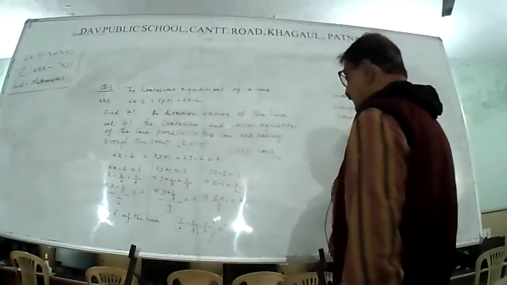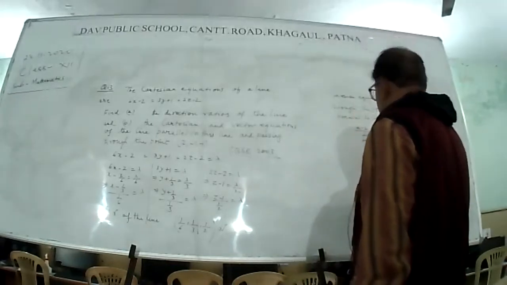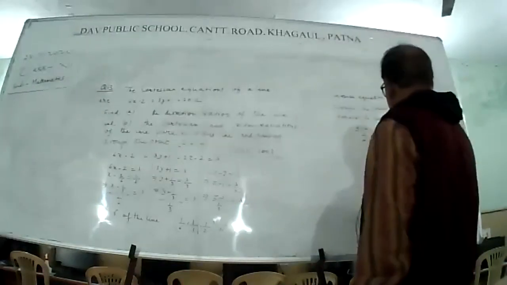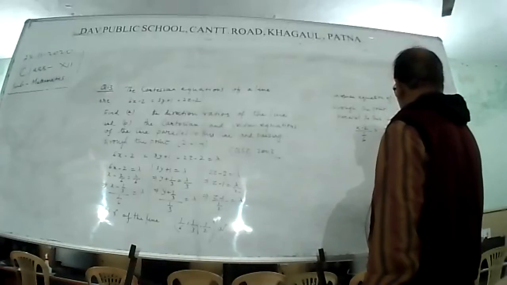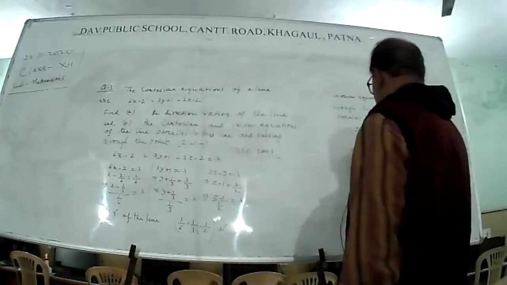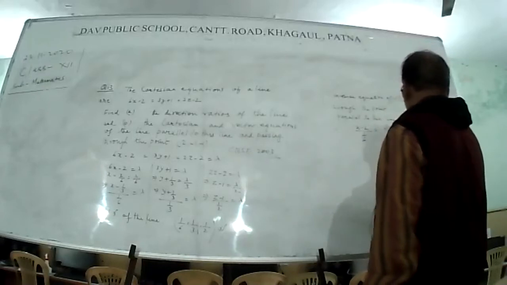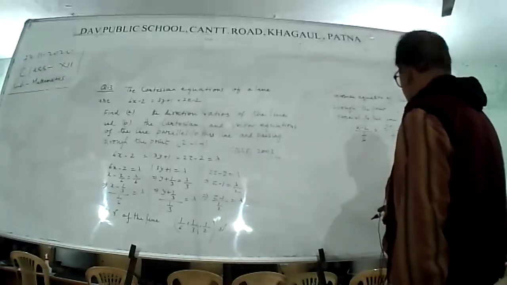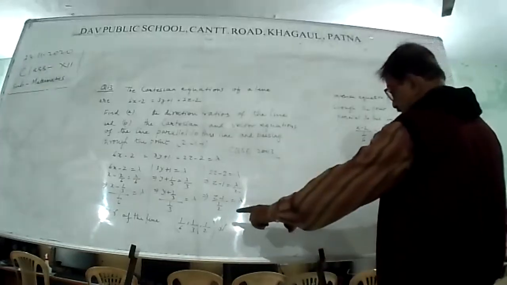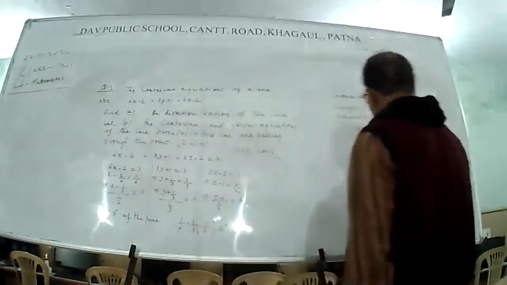Therefore, the required equation is x minus 2 upon 1 by 6 is equal to y plus 1 upon 1 by 3 is equal to z plus 1 upon 1 by 2. This is the required Cartesian equation of the line passing through the point 2, minus 1, minus 1 and parallel to the given line, whose direction ratios are 1 by 6, 1 by 3, 1 by 2.